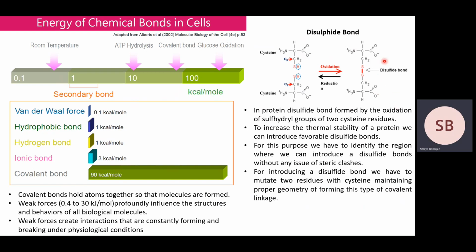Disulfide bonds increase the thermal stability of a protein. And so to introduce such a bond, we have to first identify the region where it can be introduced without any steric clashes.